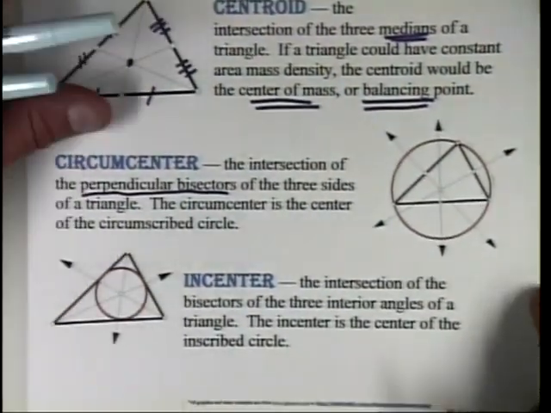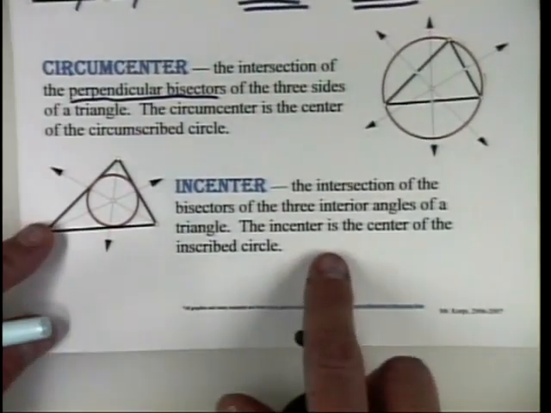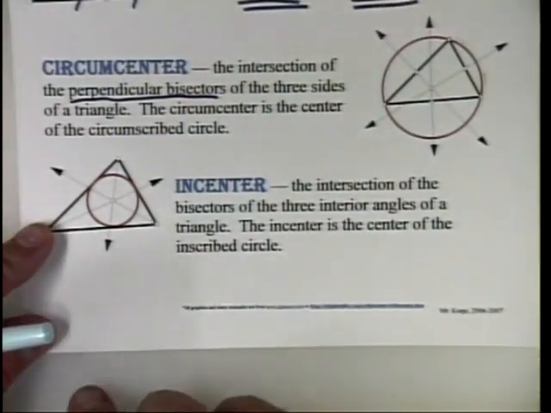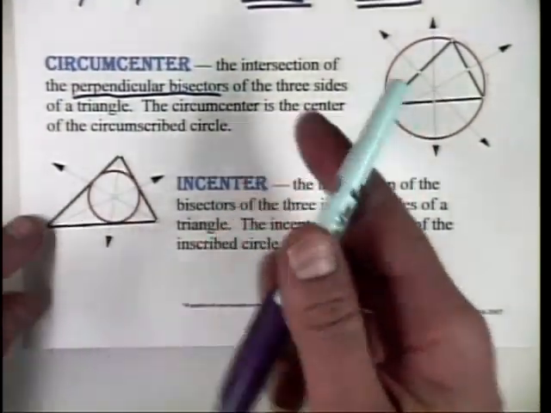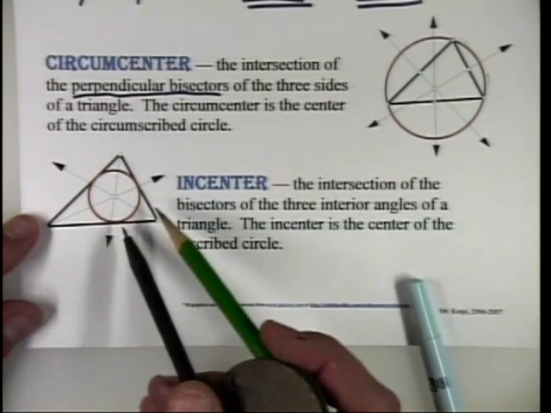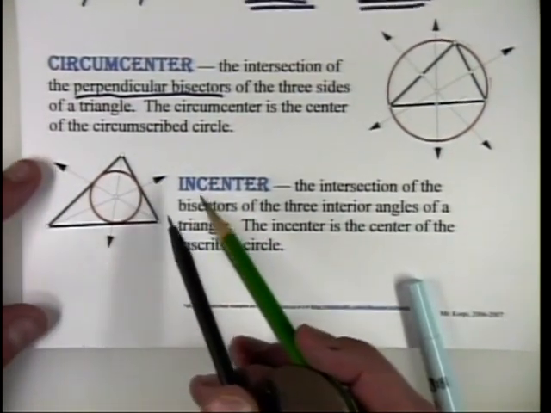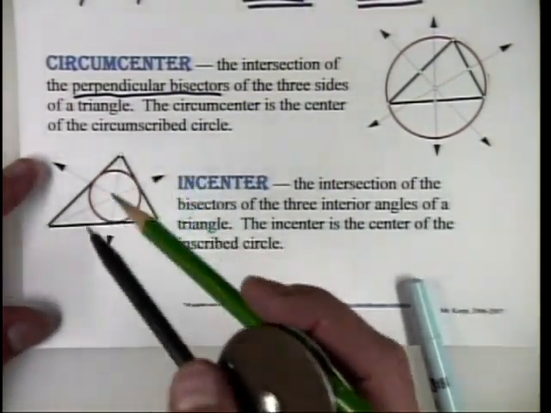The last special name for a point of concurrency is called the incenter. And the incenter is going to be the intersection of the bisectors of the angles, the angle bisectors. Now this also forms the center of a circle, but this is a circle that we say is inscribed inside the triangle. It's not circumscribing the triangle, it's actually contained by it.